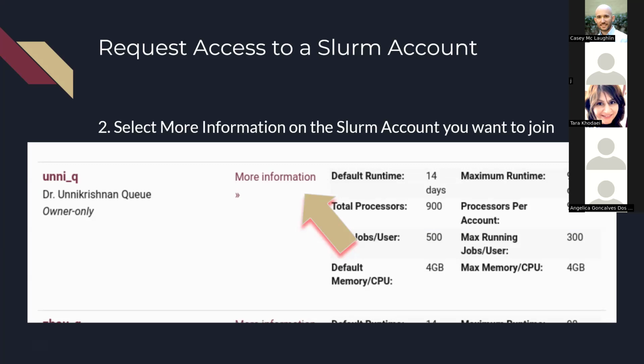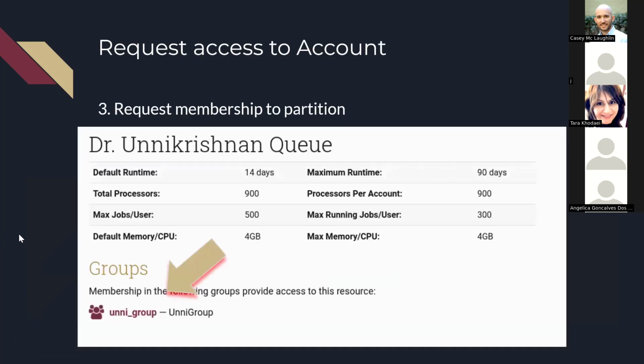In this case, we picked queue. Imagine you're in engineering, part of Dr. Uni's group. You search for the queue and click more information, and you get a little form where you can request access to this partition.